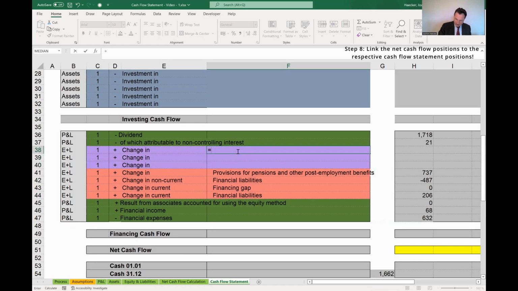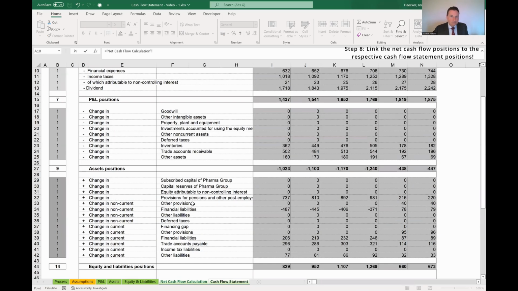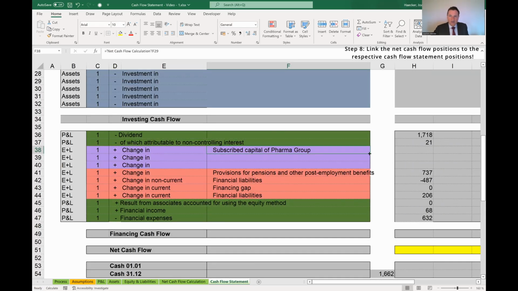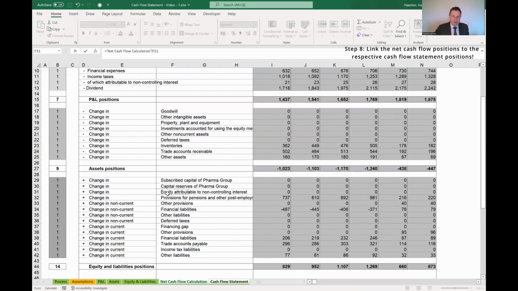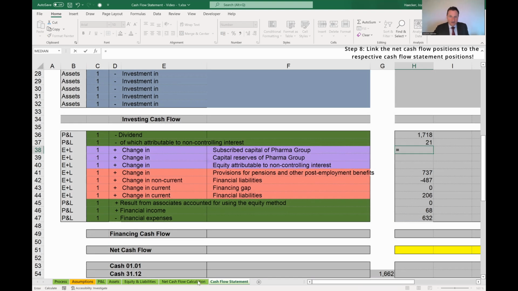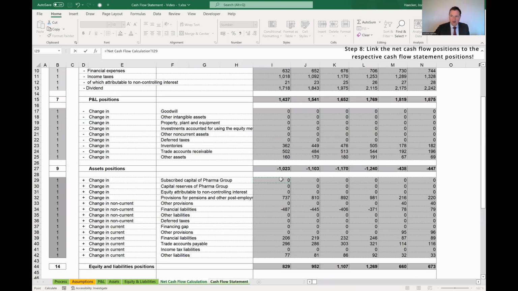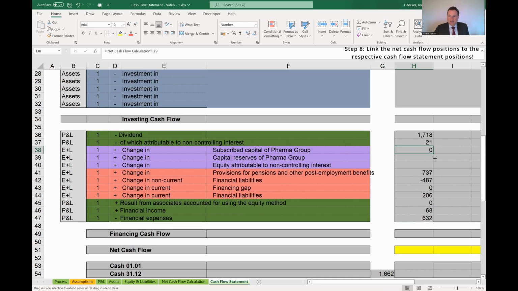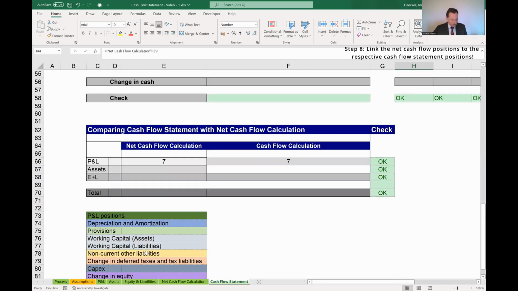So change in subscribed capital of Pharma Group, capital reserves of Pharma Group, and of course equity attributable to non-controlling interest. In the financial figures, the correct financial figure is a 0. And a 0 and a 0, no capital increase has been made in our case. So that one is done as well, change in equity.